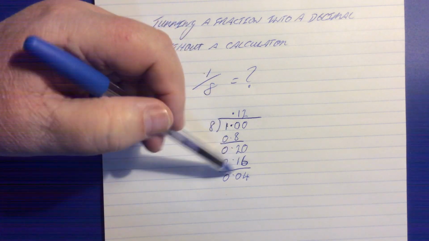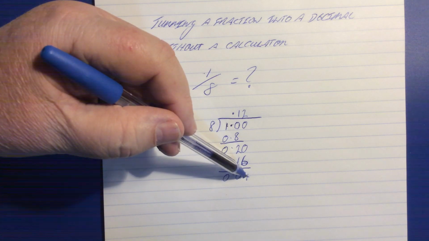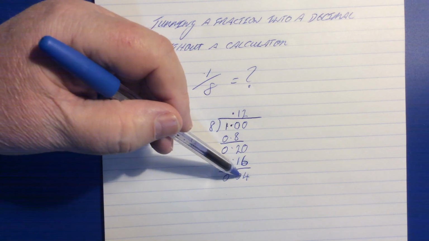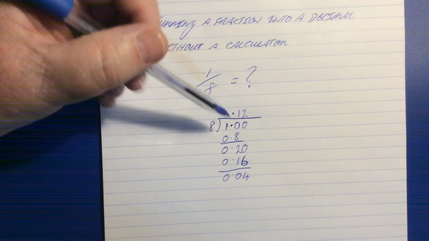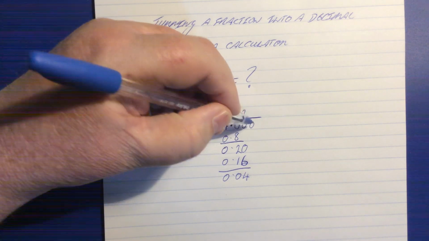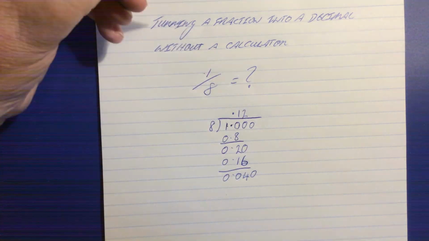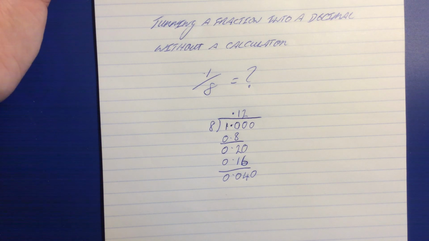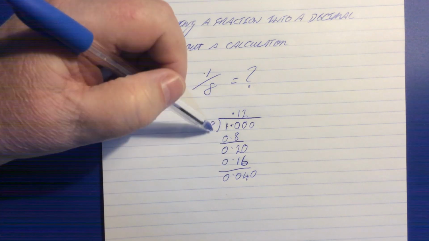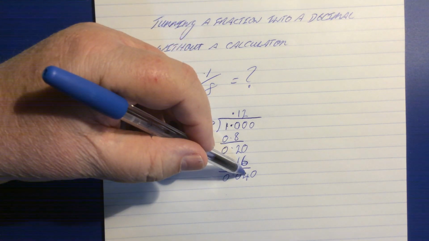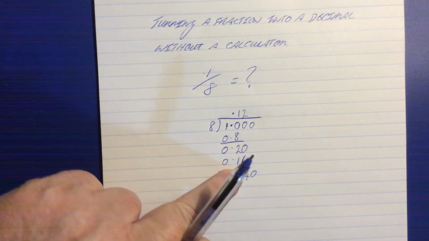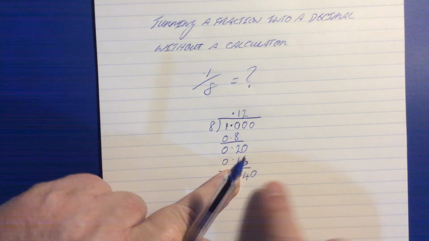Now 8 won't go into this. It won't go into 4 again, if you want to pretend that's 4. So we repeat that trick, if you want to call it that. 8 will go into 40. Just ignoring those, just pretending that that is 40.